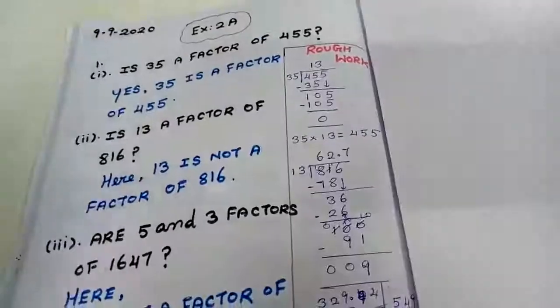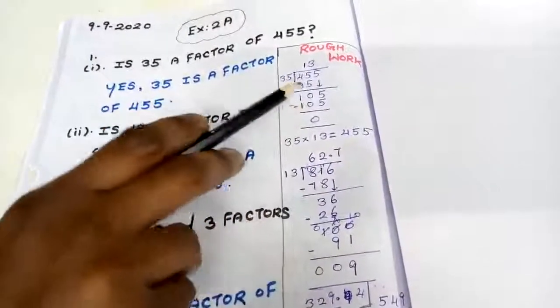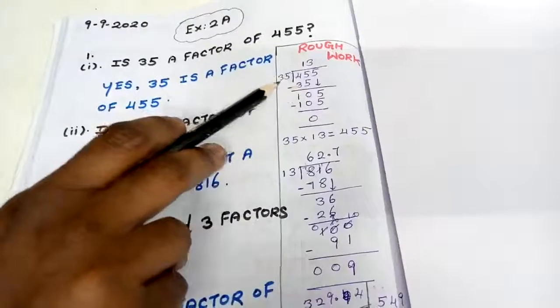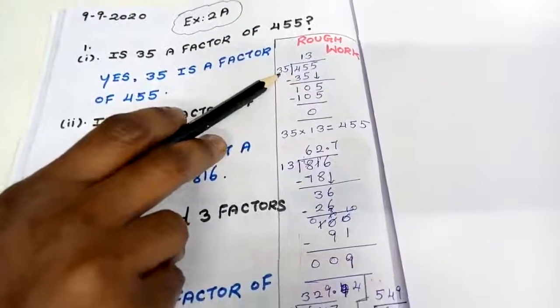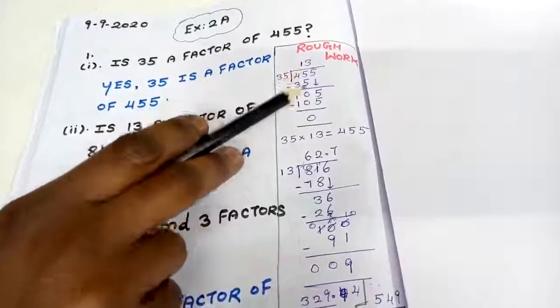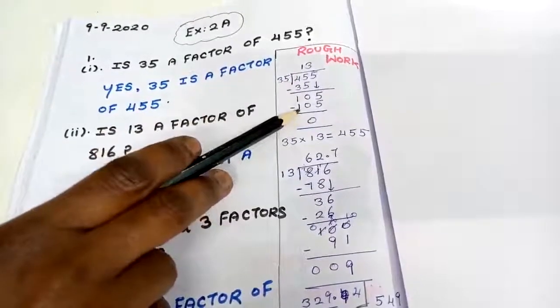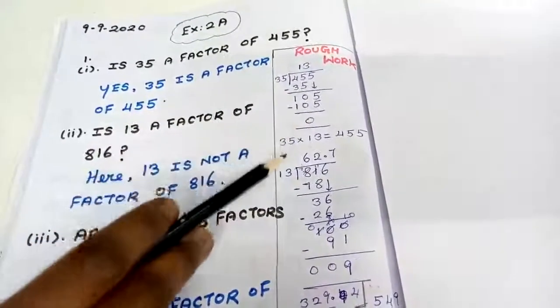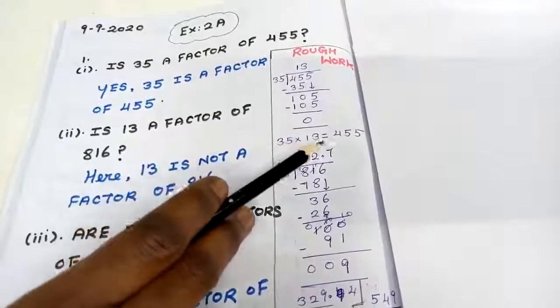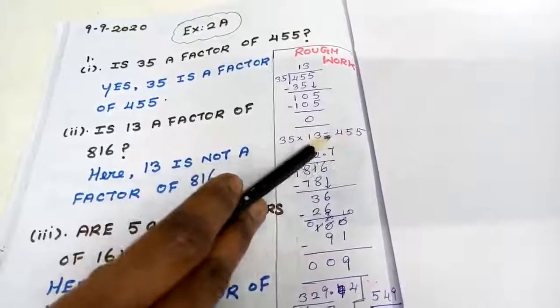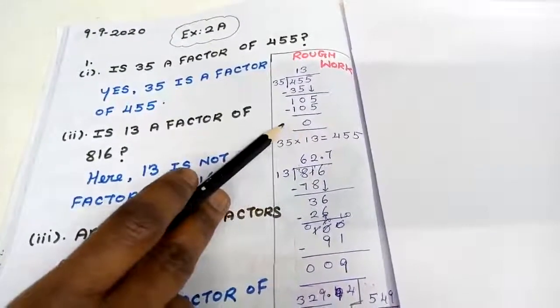So I take my rough book and divide 455 directly by the 35 table. While dividing, I should get the remainder 0. If I get the remainder 0, what is the meaning? 35 into 13 is equal to 455. That is the concept.